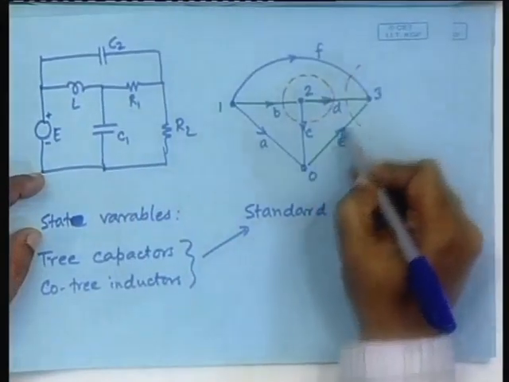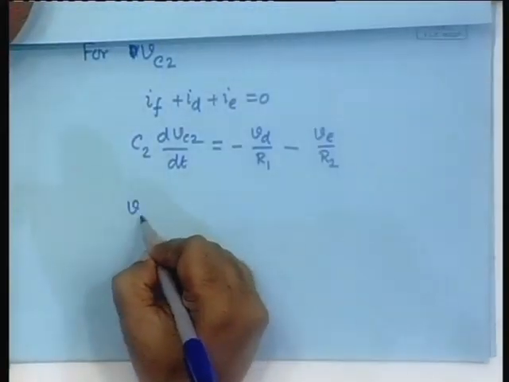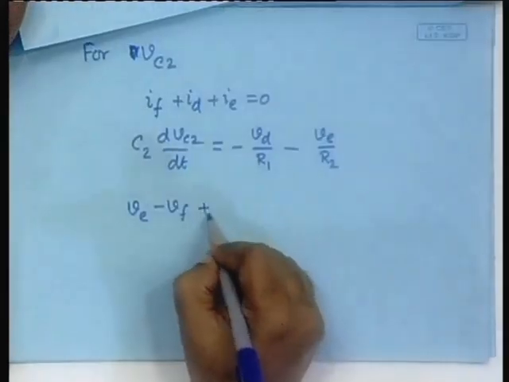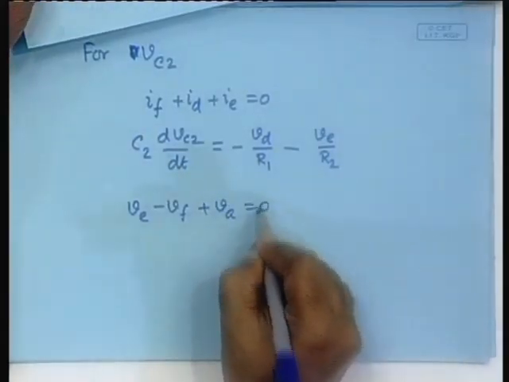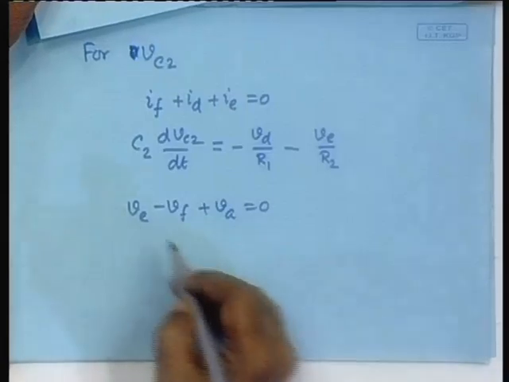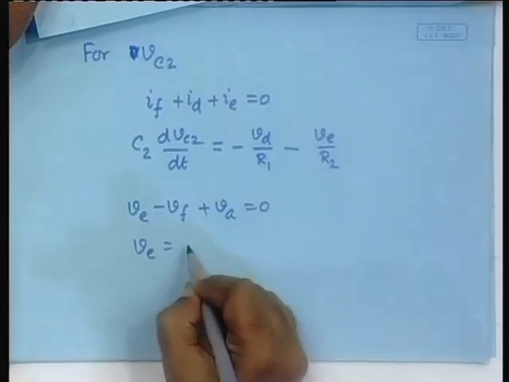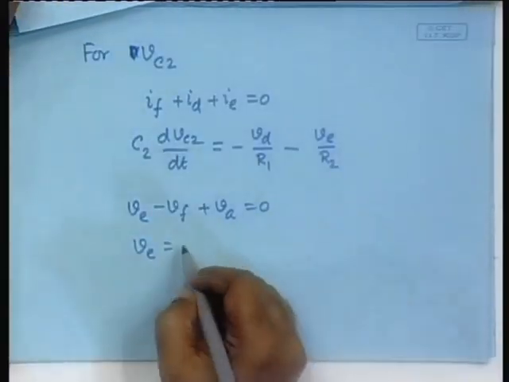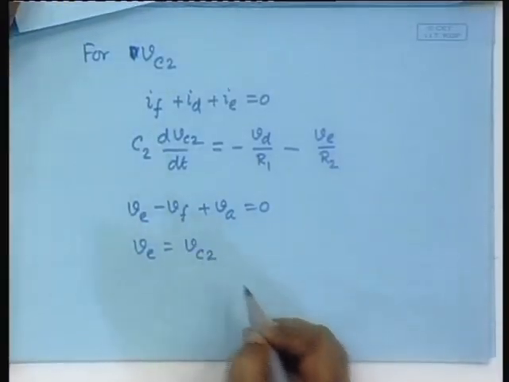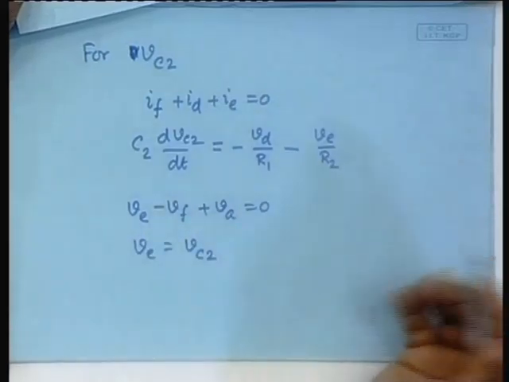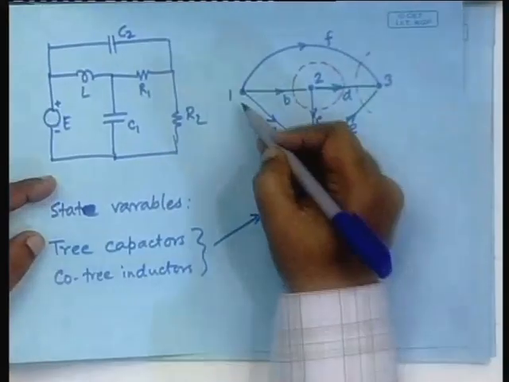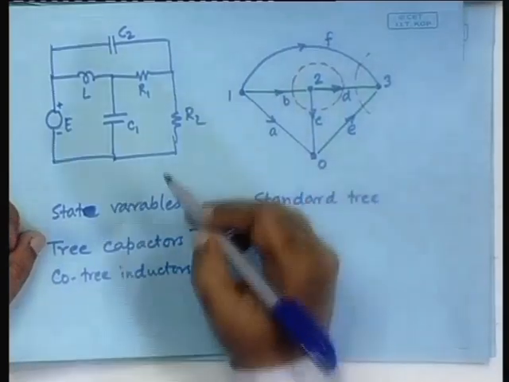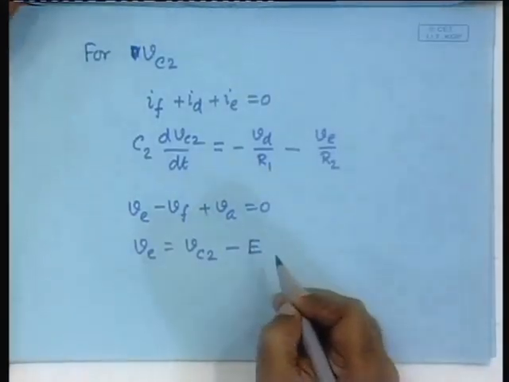Start from here: VE minus VF plus VA. So, VE I want to find out, VE is equal to VF, which is VC2, plus, it will come to this side, minus VA, which is E. Okay.